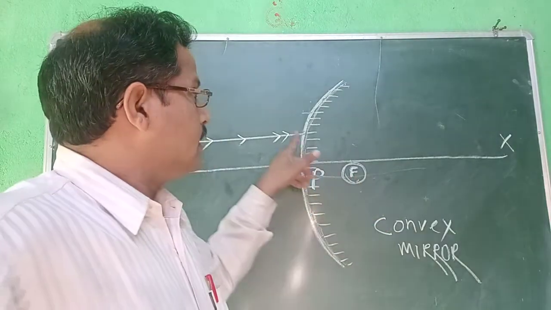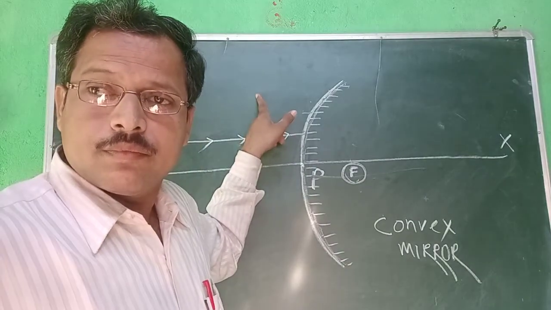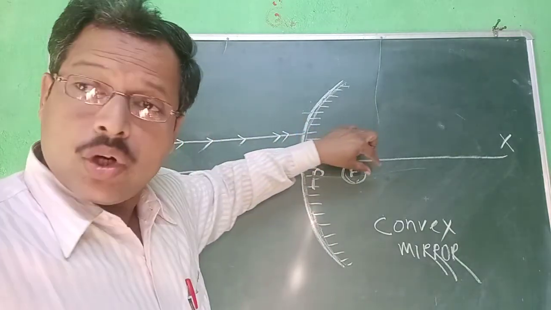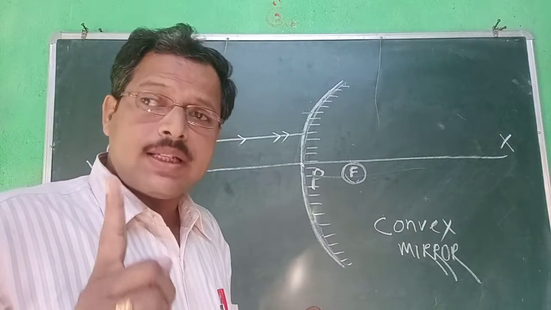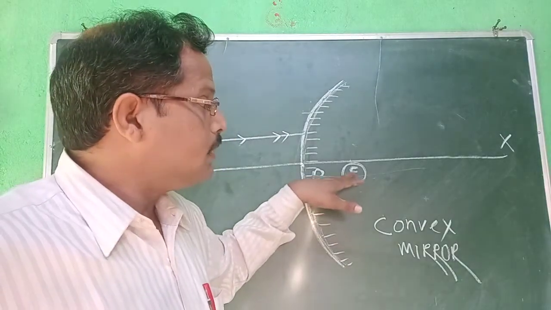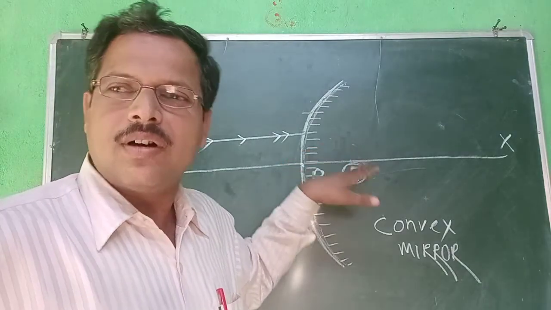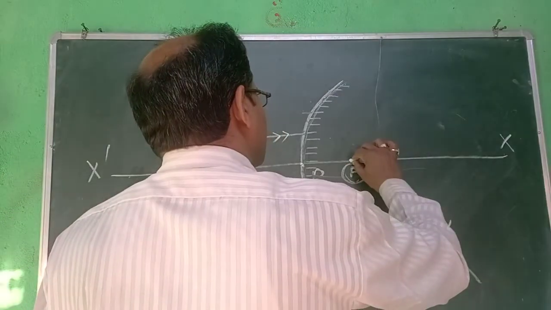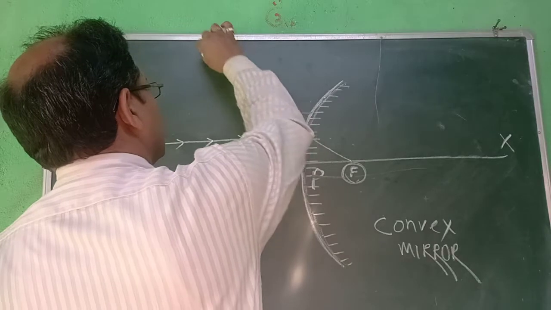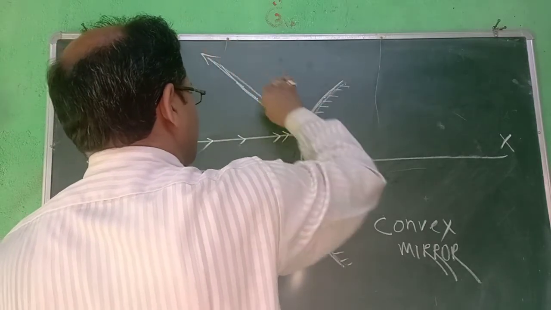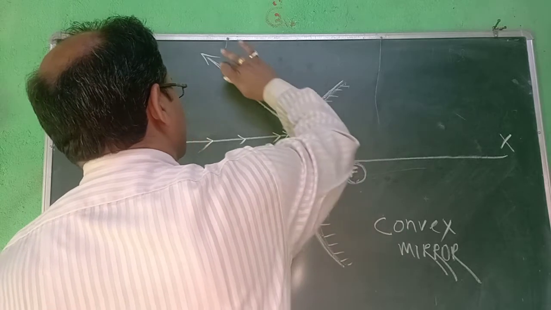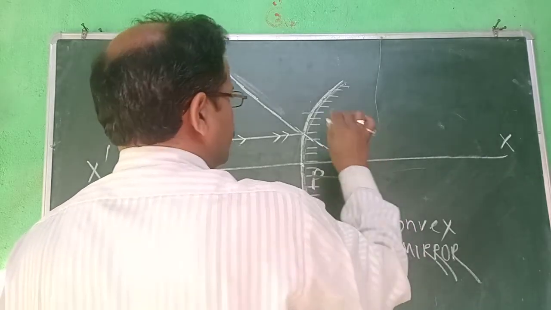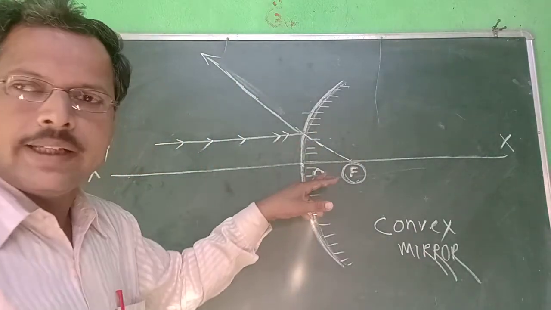Then the diverging ray appears to come from the principal focus, like this.